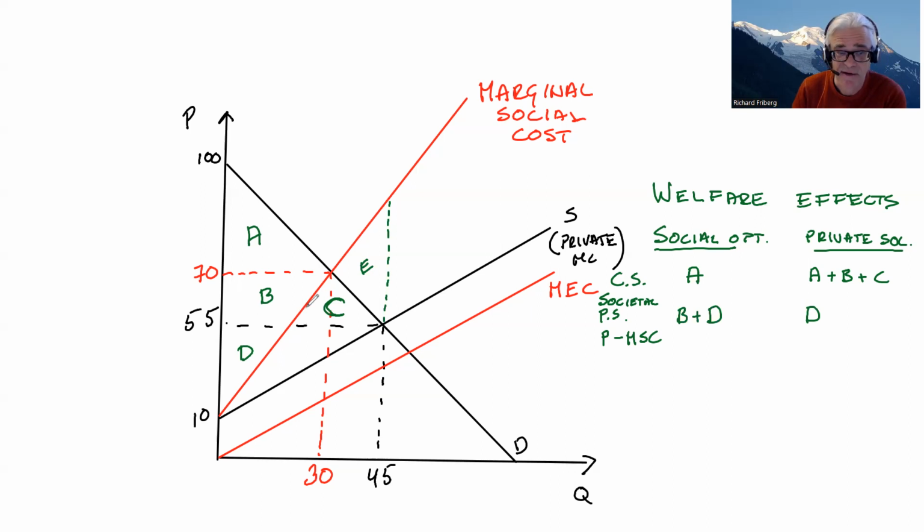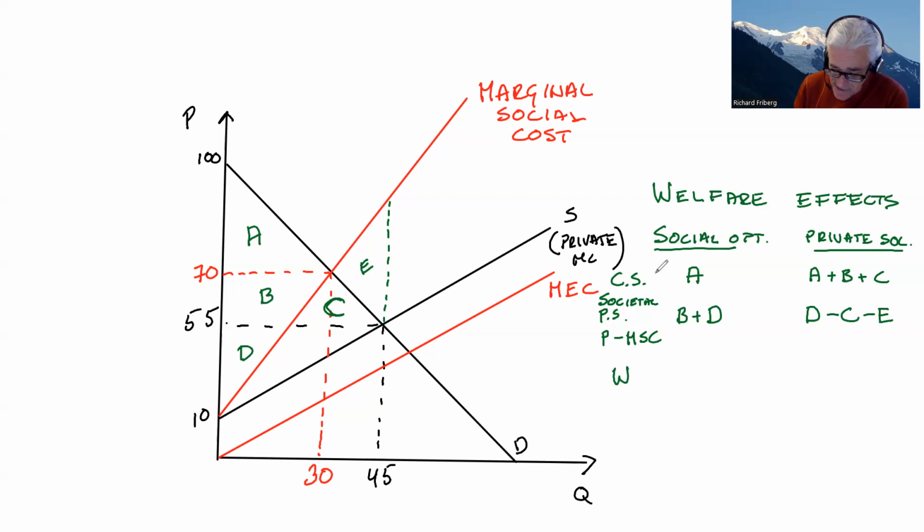So these areas are coming in negatively, and that's happening all the way up until this point where we're actually producing under the private solution at 45. So price 55 here. What's the marginal social cost at this point? Well, it's given by this. So the areas C and E are coming in negatively, okay? Marginal cost greater than the price. So in terms of societal producer surplus, these areas are coming in negatively. We're producing too much.